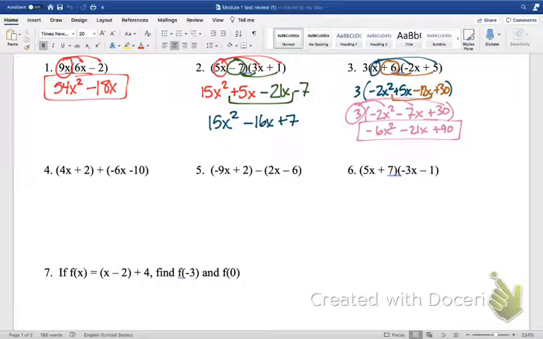In this case, we're going to add. So we're going to add like terms that I've underlined here. So 4x minus 6x gives me negative 2x. And plus 2 minus 10 gives me minus 8. And you are done.